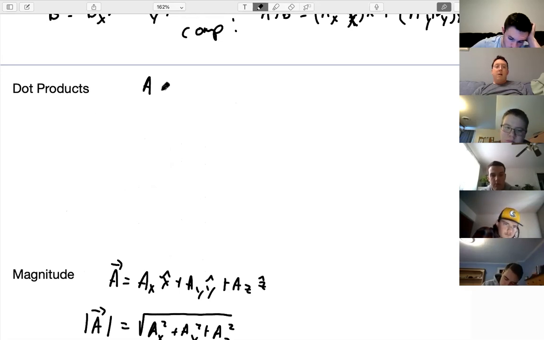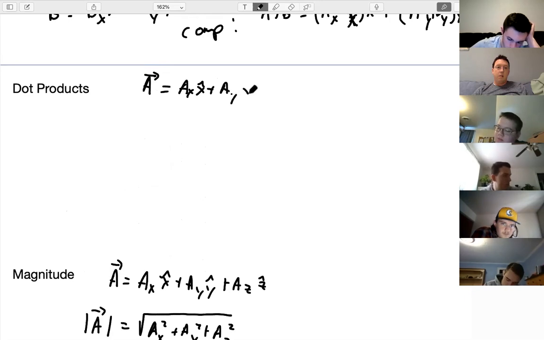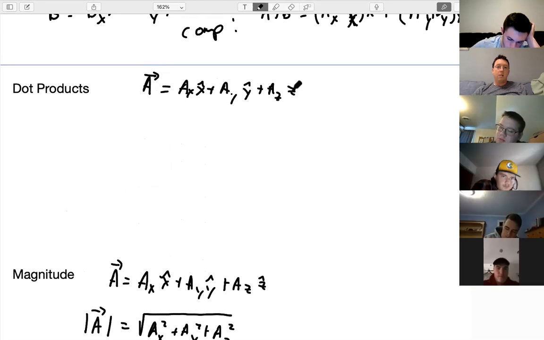All right. What about if you have two vectors? How do you form the dot product of them? And there are two ways to write this, two ways to define the dot product that are equivalent.